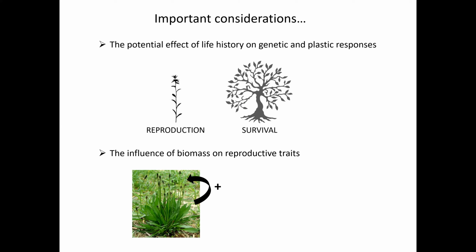Interestingly, when we repeated the analysis without including this covariate of biomass, reproductive traits were no longer showing different patterns than vegetative traits. And this highlights that reproductive traits can be partitioned into two components: biomass, which is very plastic, and reproductive investment per unit biomass, which is instead strongly determined by genetic differentiation.